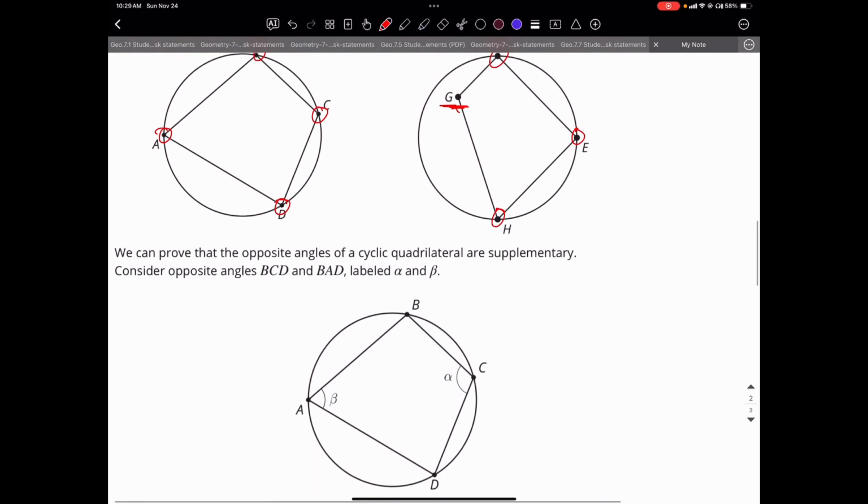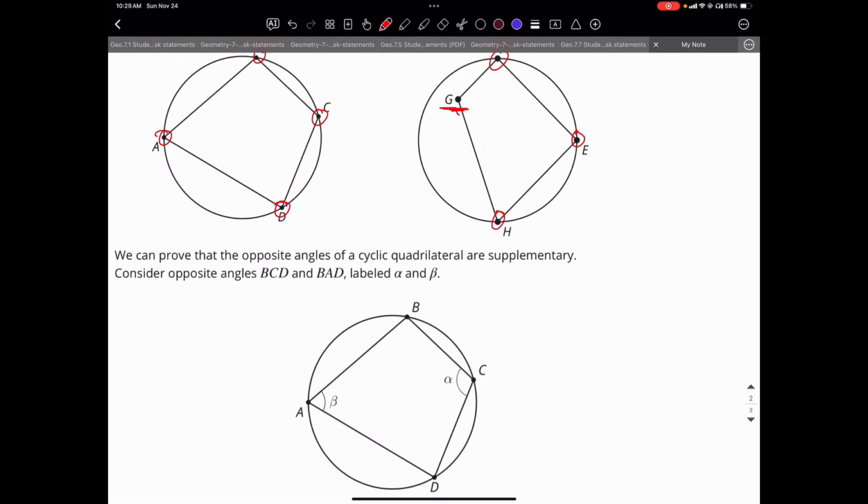We can prove that opposite angles of a cyclic quadrilateral, right, are supplementary. So if it is a cyclic quadrilateral where you can circumscribe a circle over it, then opposite angles are supplementary.